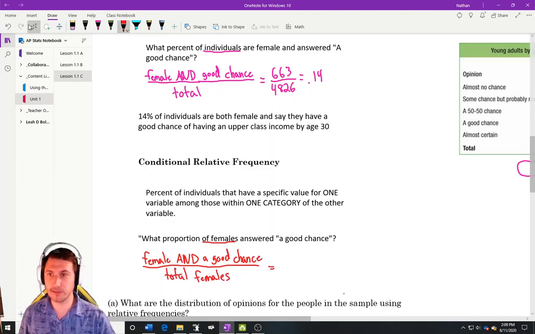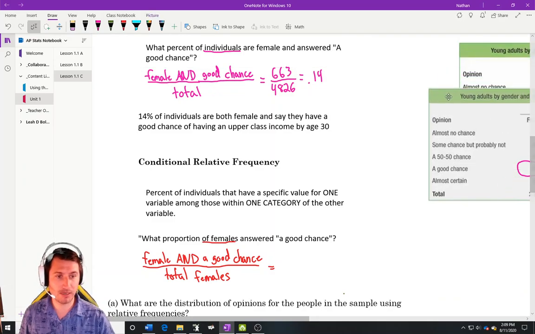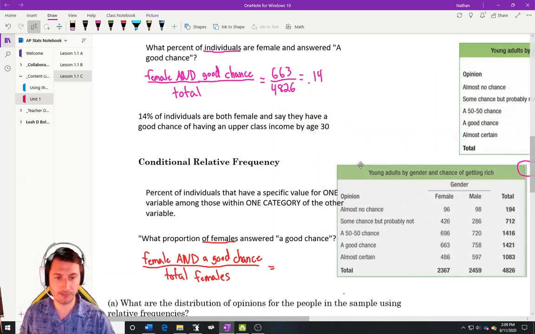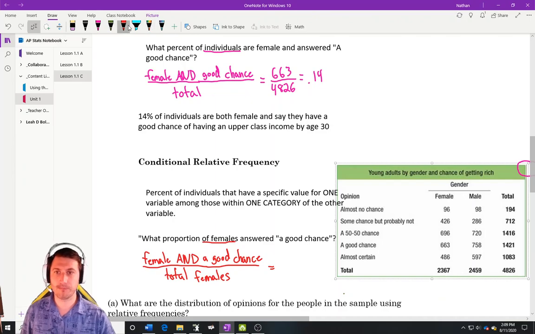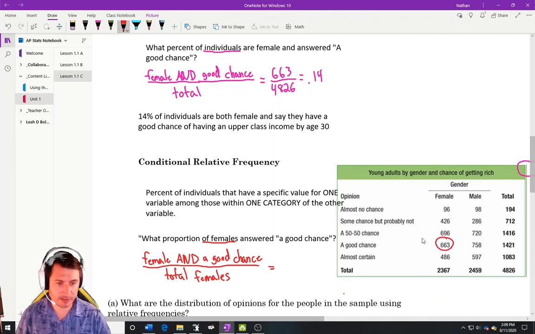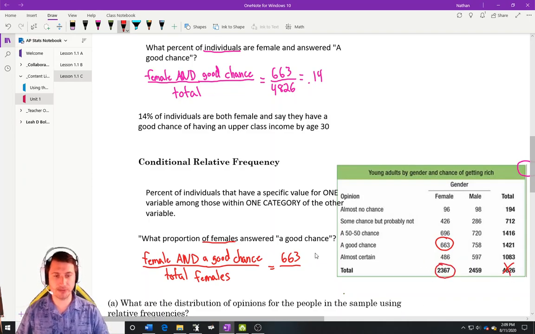So when I come over here to get my numbers from the table, females and a good chance is still 663. But now I'm not looking at this big total down here. I'm looking at just the total of females right there, 2,367.